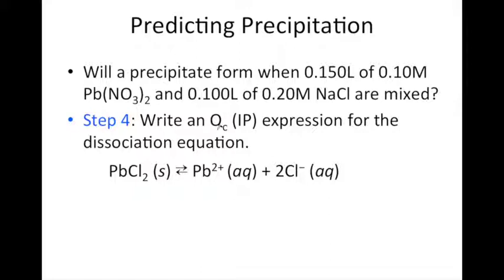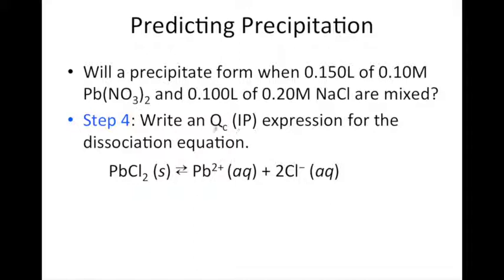Remember, QC expression is essentially just an equilibrium expression, except our concentrations that we plug into our QC expression are not necessarily equilibrium concentrations. So calculating QC allows us to determine if the reaction, which is not at equilibrium, will proceed to the left or to the right.